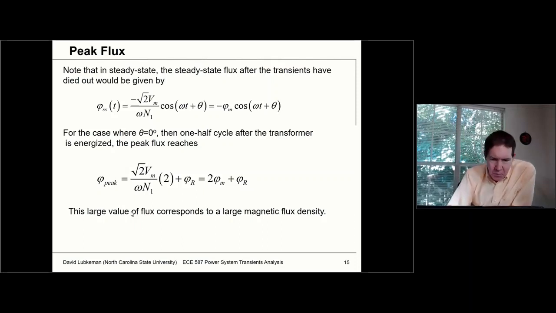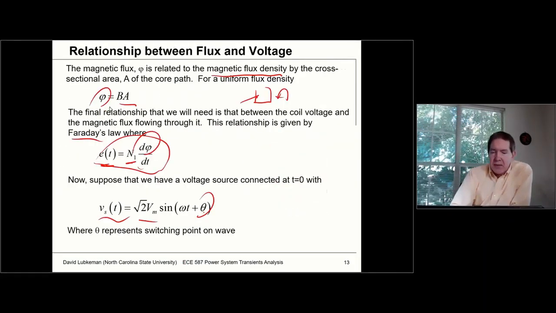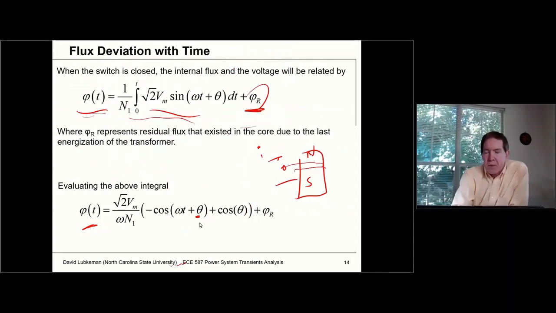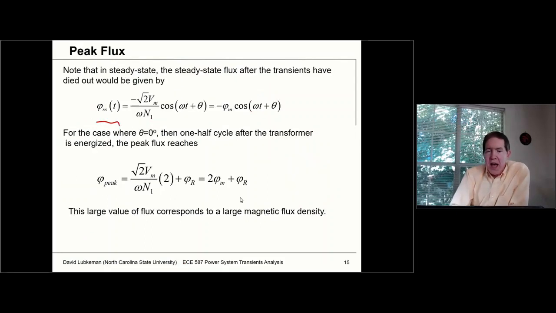We're also going to make use of the fact that in steady state, once this damping occurs, this DC term is going to disappear. So in steady state we have a steady state flux of minus the square root of 2 times Vm over omega times N1 times cosine of omega t plus theta.